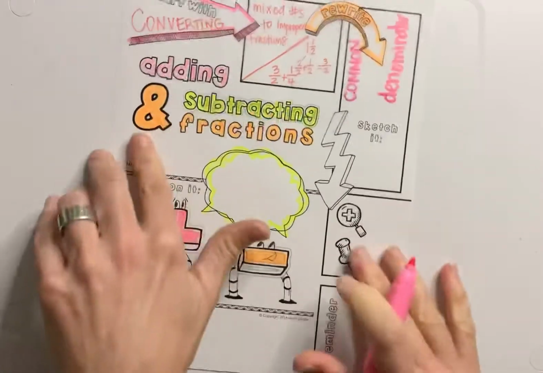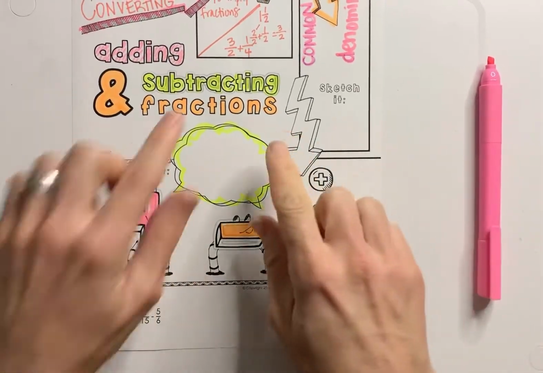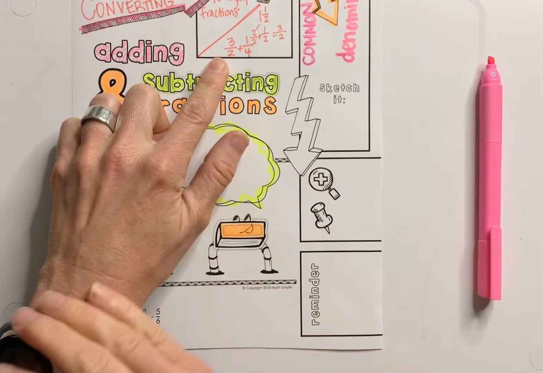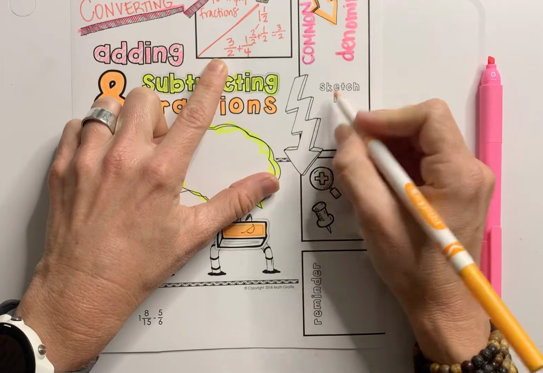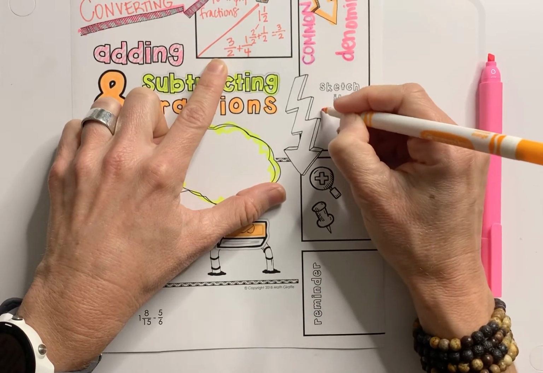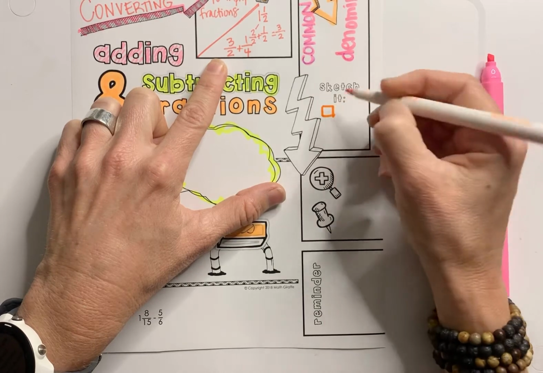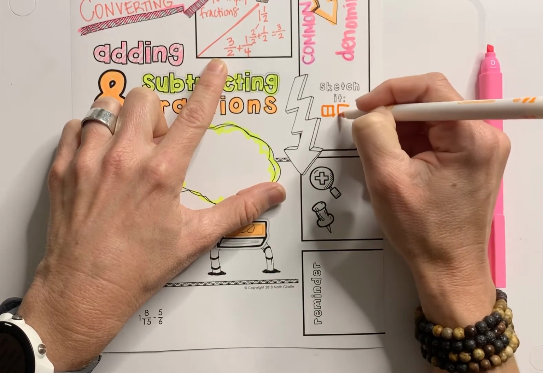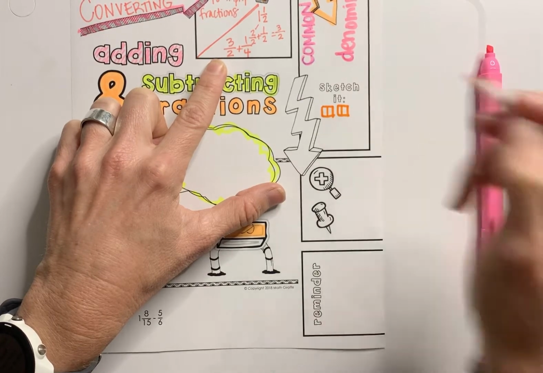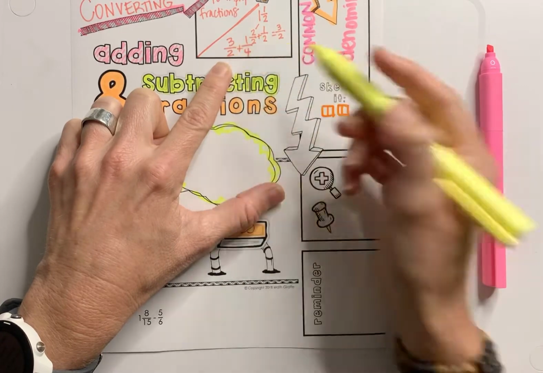Okay, and what we're talking about again is that it's different size pieces. So in the first one, 3/2, basically that looks like this. Okay, so that's going to be 2 wholes, and each of those wholes is split in half. So 3 of those halves, so 3/2, that's what I'm talking about.